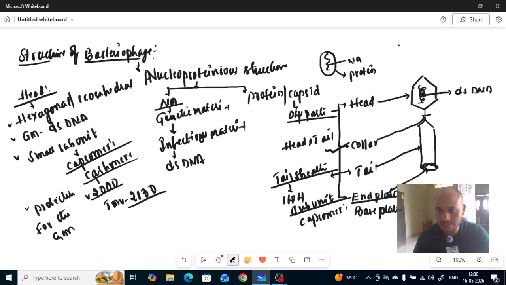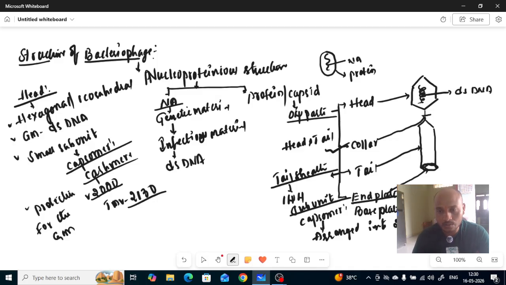The tail sheath is made up of 144 subunits, also called capsomers. These 144 subunits are arranged into 24 annular rings.